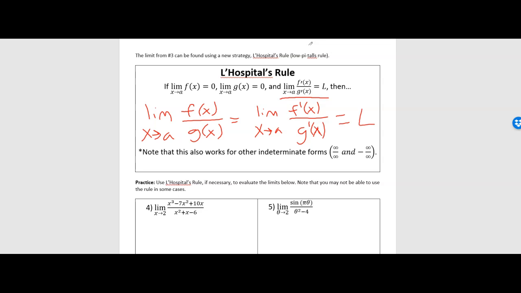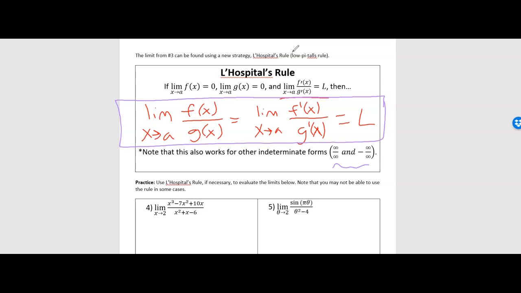And if that's equal to L, then the original limit will be equal to L as well. So again, if you get an indeterminate form, and this also works if you get infinity over infinity or negative infinity over infinity, you can take the limit of the derivative of the numerator divided by the limit of the derivative of the denominator, and as long as that's a real number, that's going to be your answer to the original limit.